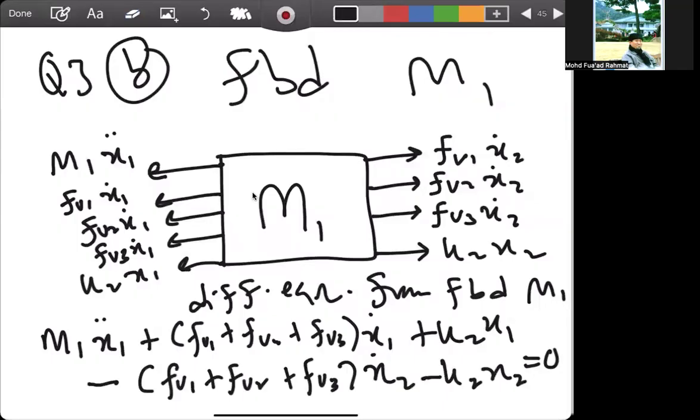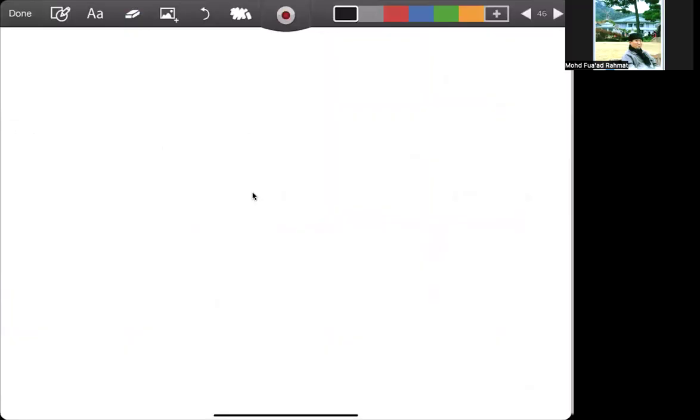So this is the differential equation from the free body diagram M1.